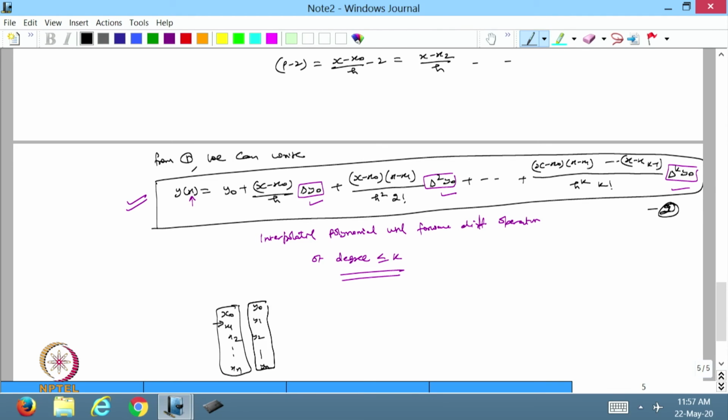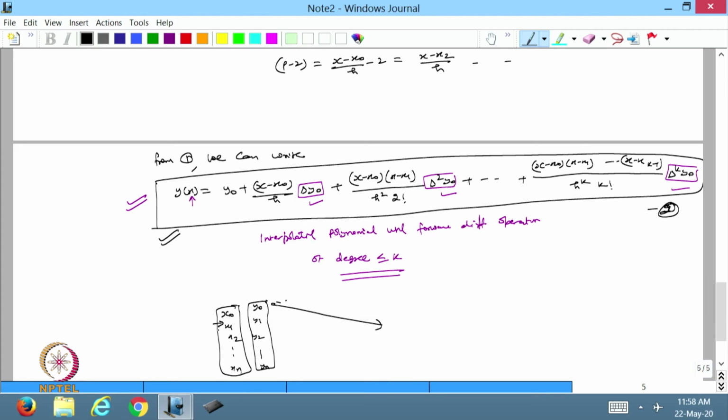If I want to approximate the value at x somewhere in between x0 and x1, then using the finite difference operator I can use all the values, because from the previous lecture we know that this will go up to the kth finite difference. So, I can use all these values and my approximation will be better.